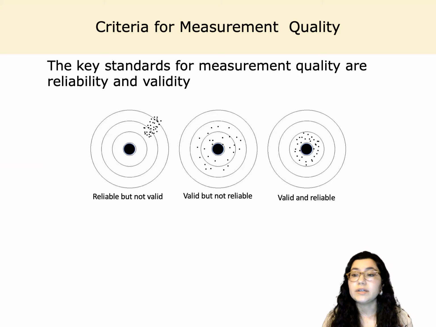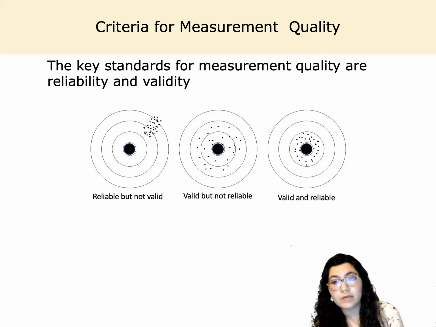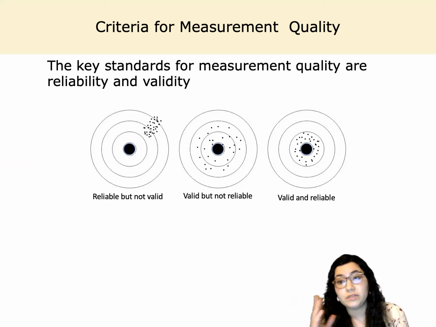So, for example, if there is a cop on a speed trap and every time there's a car that's going 60 miles per hour, they measure 60 miles per hour, that is a reliable form of measurement. For example, if the speedometer is off and when they see a car that's 60 miles per hour, they're instead getting widely varying measurements, then that's not reliable.